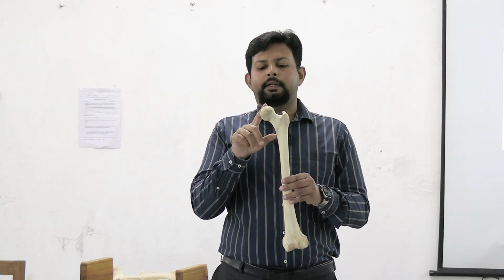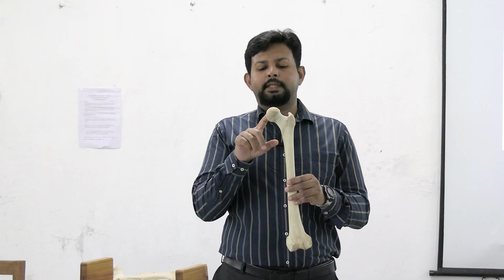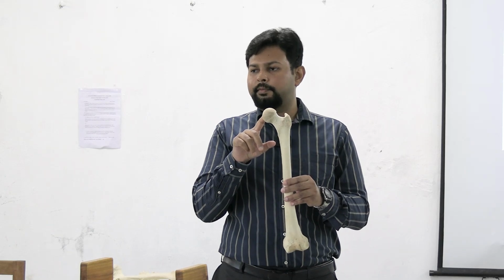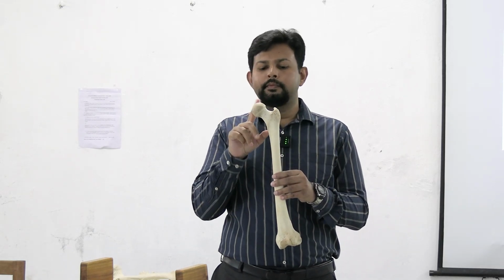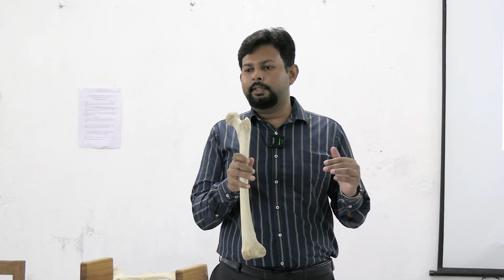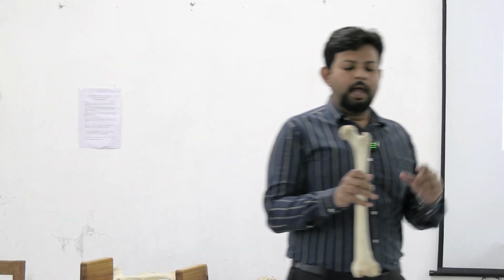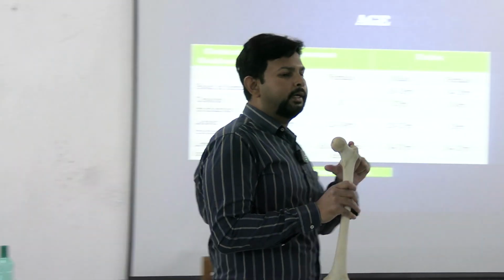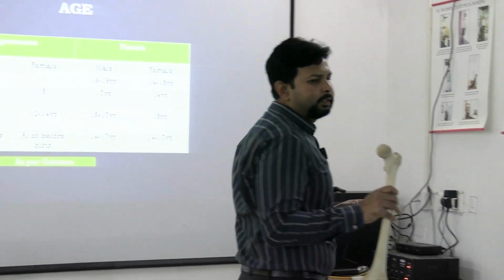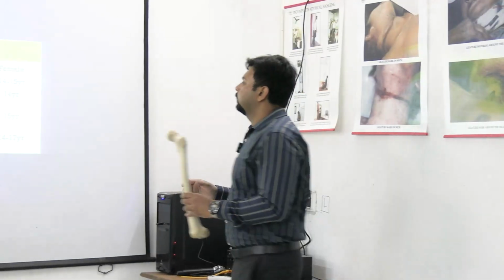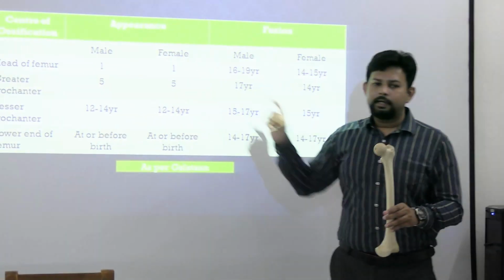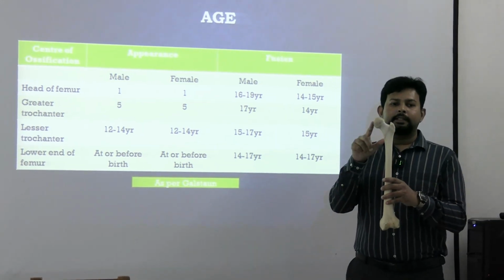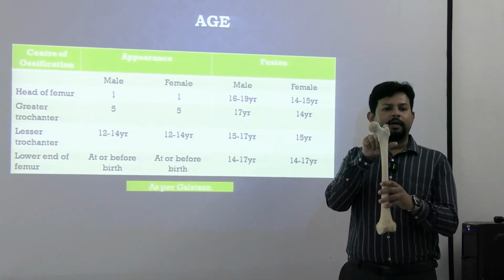Appearance of the head of femur is about 1 year of age, both males and females. Whereas appearance of the greater trochanter is about 5 years. Head is 1 year, greater trochanter 5 years.